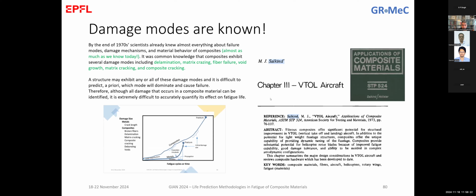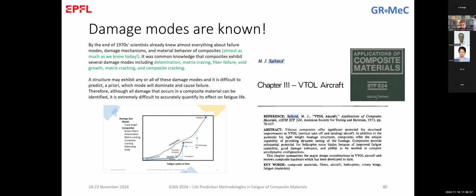So today we also know about composites that we have identified all the damage modes. Already since the 1970s, we have had an understanding of the damage modes of composites. We know that composites fail due to matrix cracking, that is, happening in the matrix. Then interface failures that separate the matrix from the fibers.